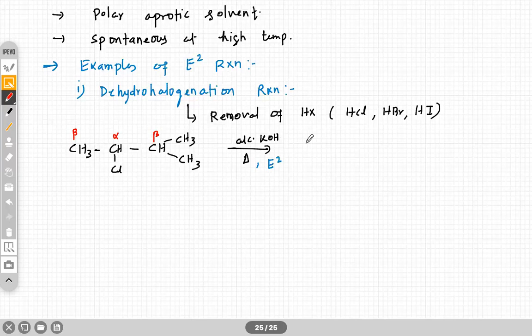So this would be CH2 double bond CH, and the other things will be as they are, CH3 and CH3.